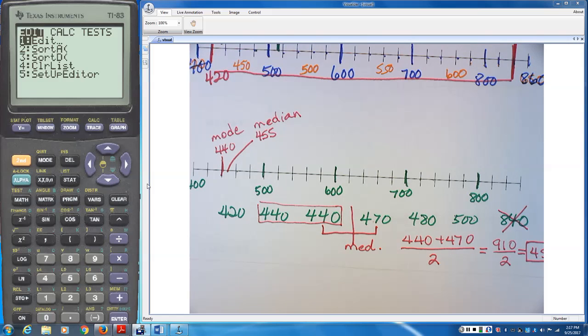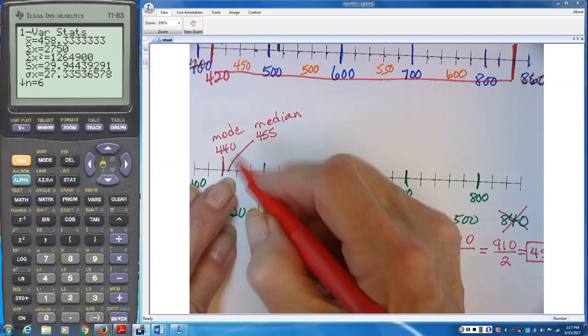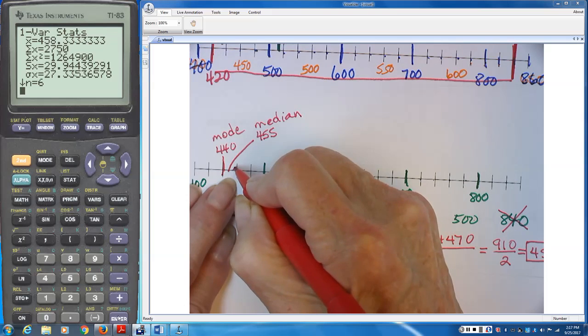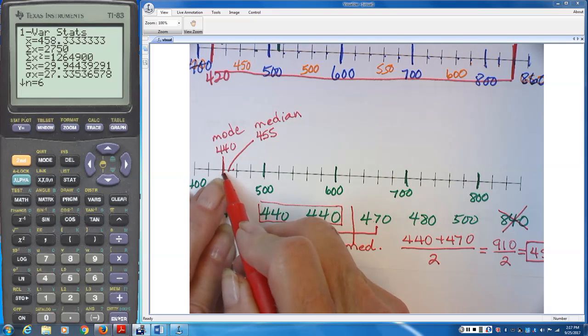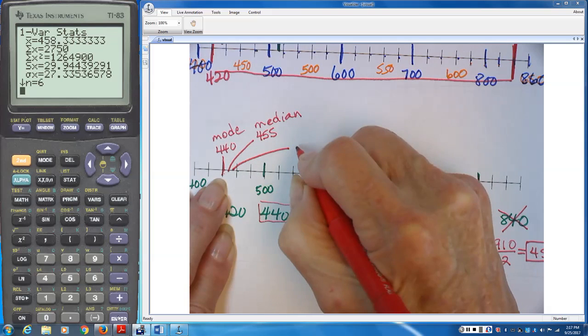And then go back to stat and over to calc and choose one of our stats and find that the new mean is now $458.33. Let's see, $458.33. If this is 440 and 460, it's right about there.